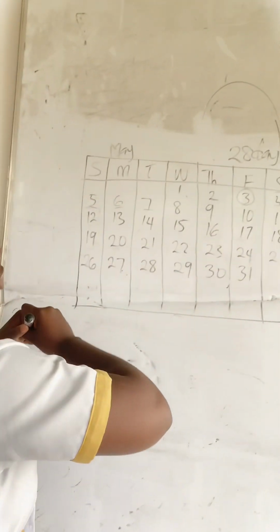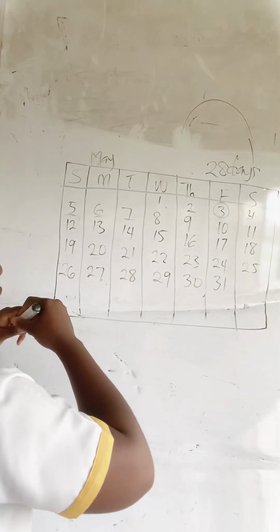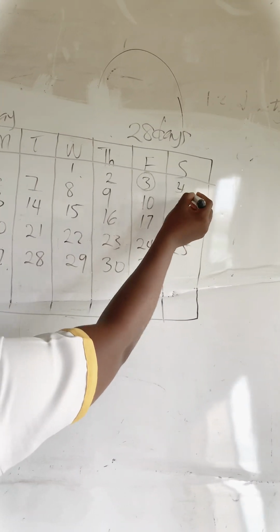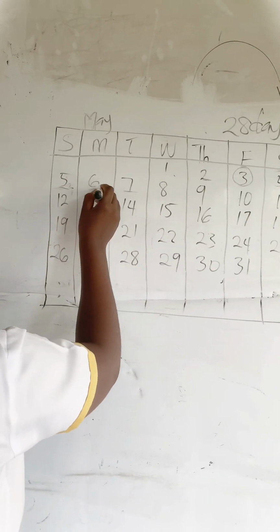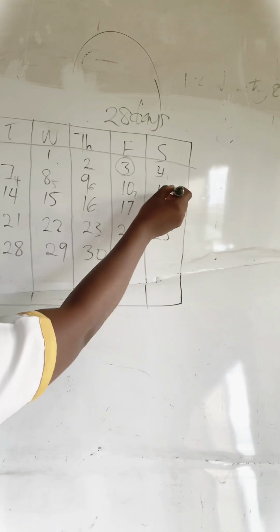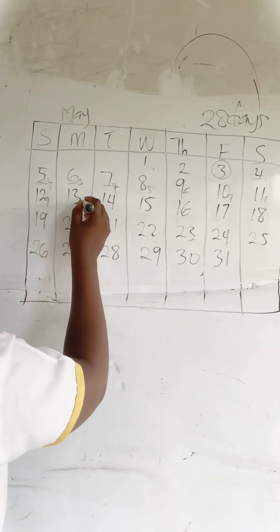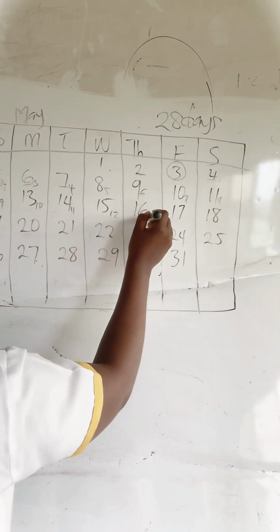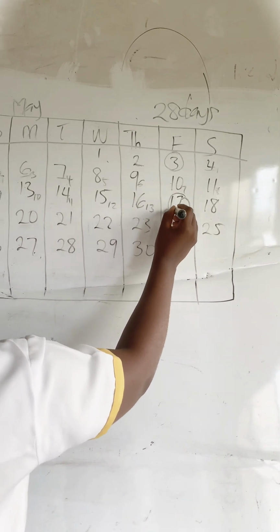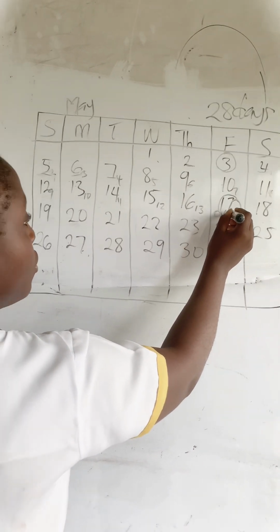So we count 14 days from the 3rd: 1, 2, 3, 4, 5, 6, 7, 8, 9, 10, 11, 12, 13, 14. So on the 17th will be the date of ovulation.